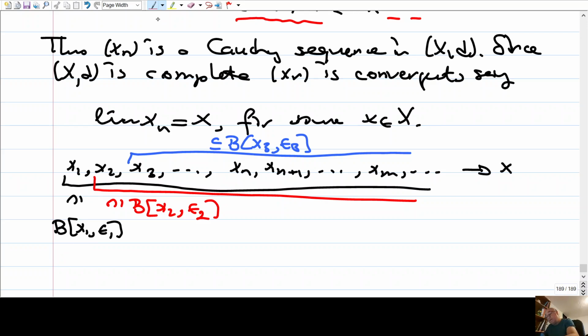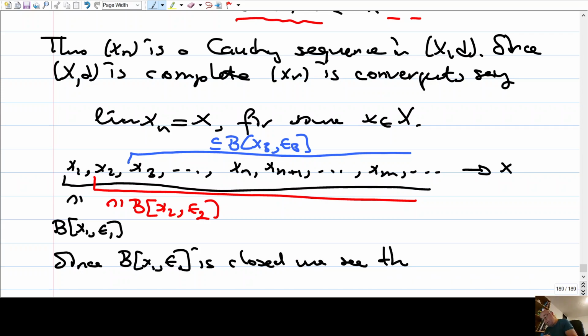Since B(x1, epsilon 1) is closed, we see that the limit of this sequence, which lies inside this set, must lie inside this ball.